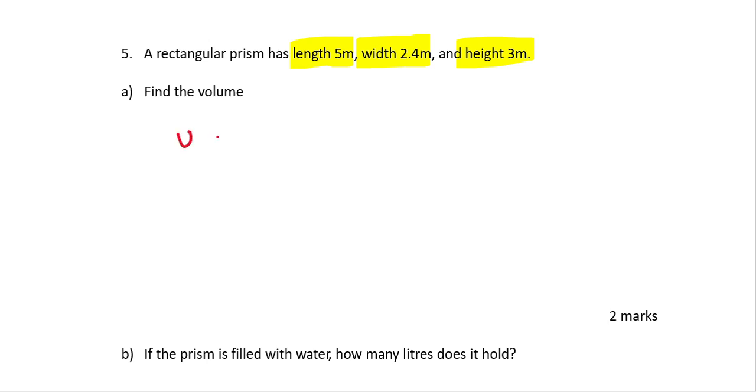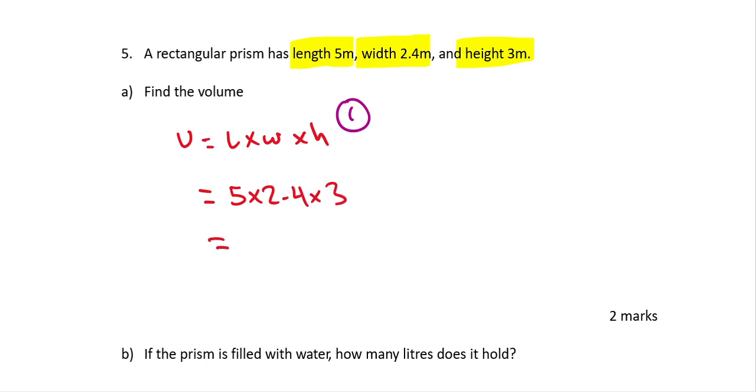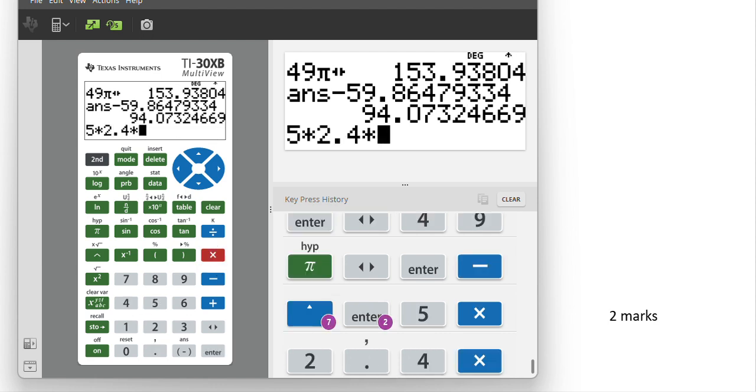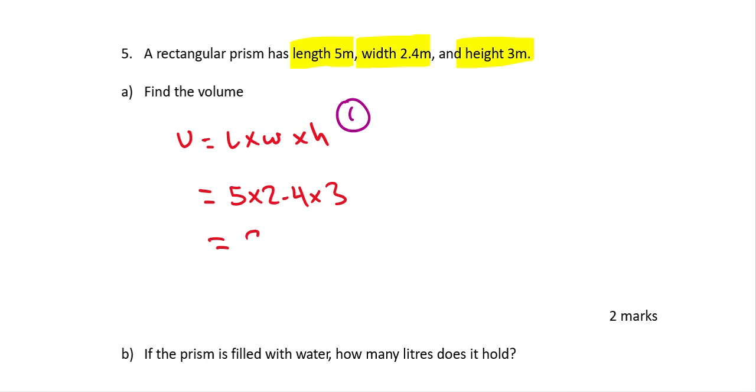So V equals length times width times height. That's just 1 mark for recognizing that, and then just substituting and finding the answer. 36. Now 36 meters, and because we're dealing with volume, it needs to be cubed. Okay? So that's another mark right there.